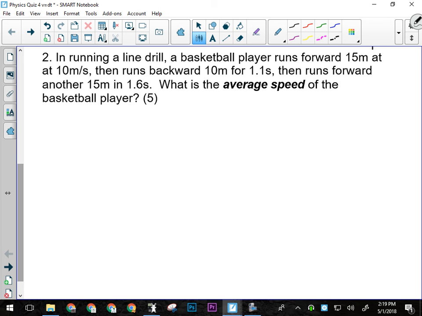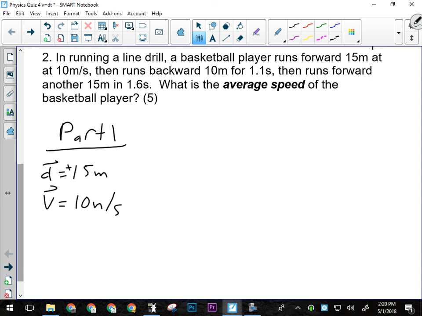Okay, so in question number two, we've got running a line drill. A basketball player runs forward 15 meters at 10 meters per second. This looks like a trip with more than one part. So we're going to say the displacement will be positive 15 meters. I'm going to make forward positive, at 10 meters per second, so that'll be positive as well.